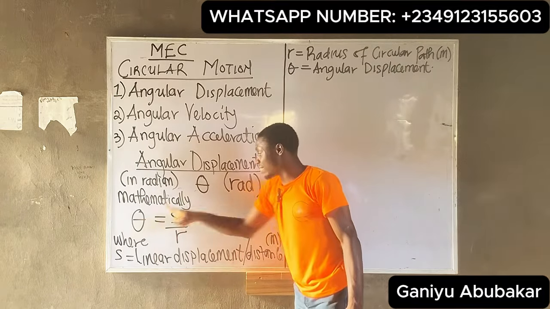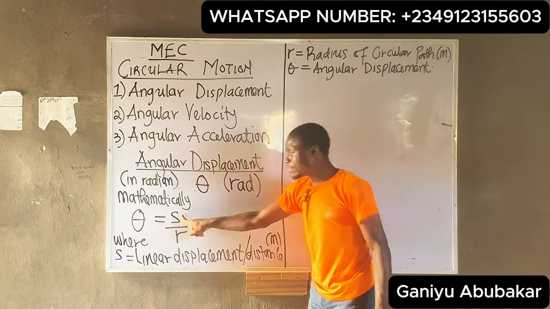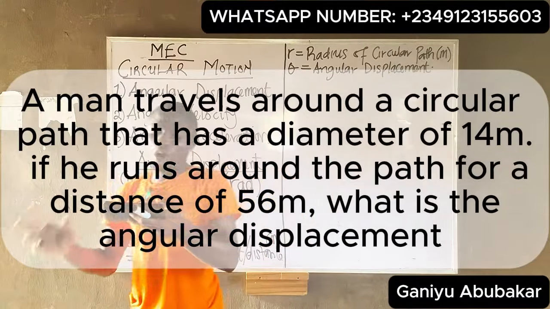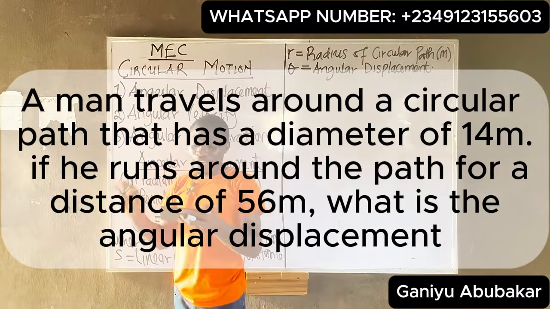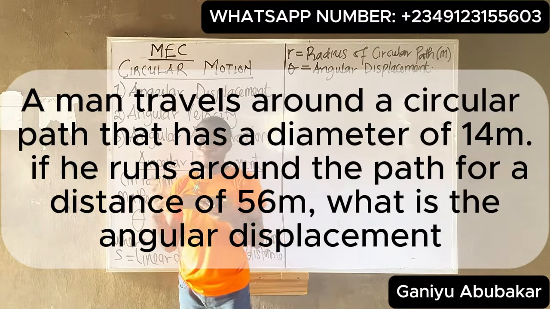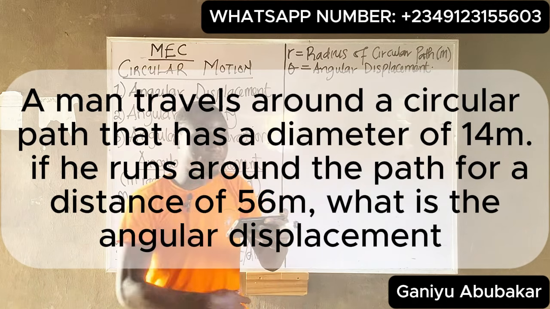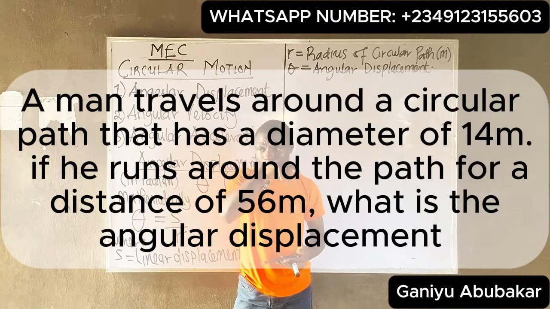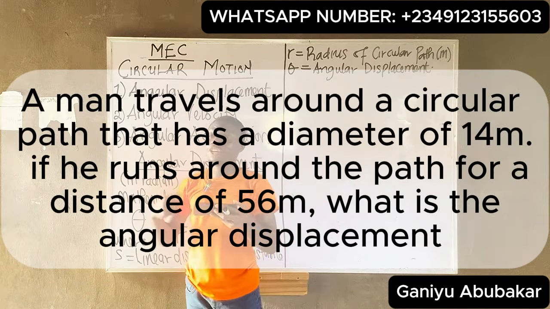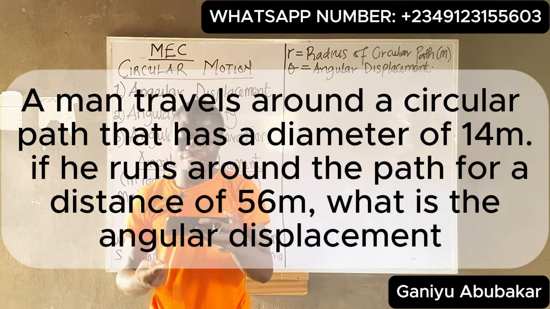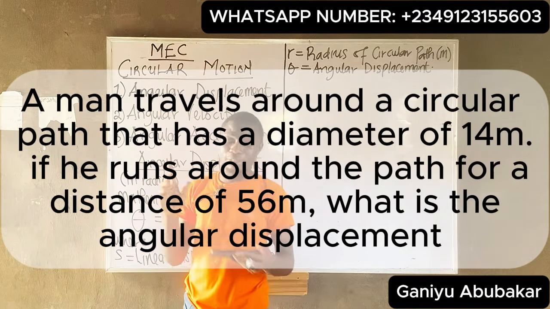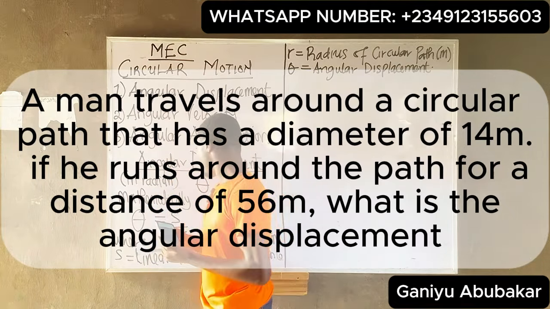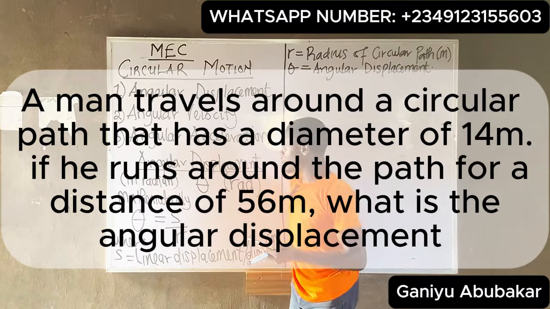What's the unit for angular displacement? Rad. Are we good? This is in meters. If he runs round the path for a distance of 56 meters, what is the angular displacement? That's all. What is the angular displacement?